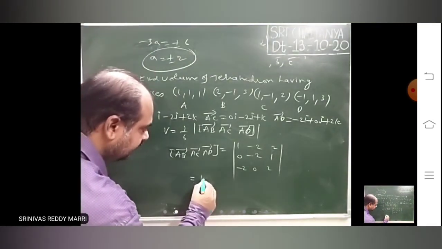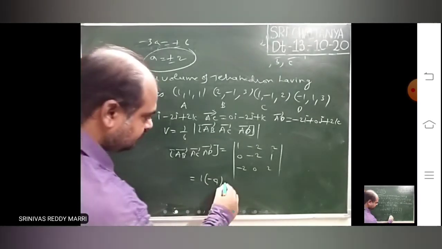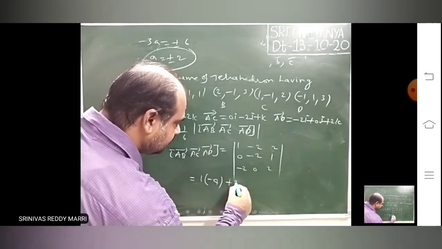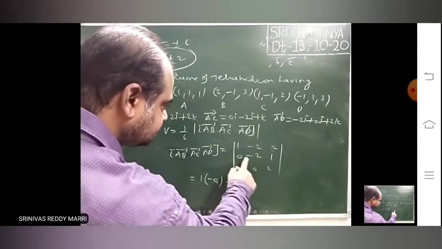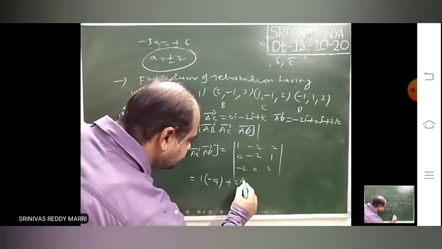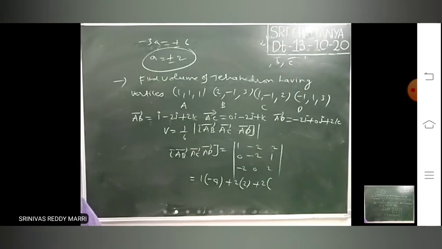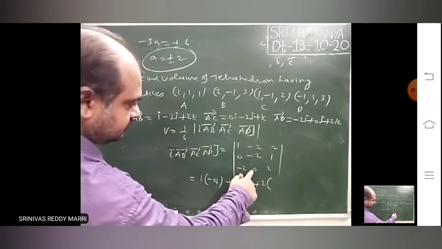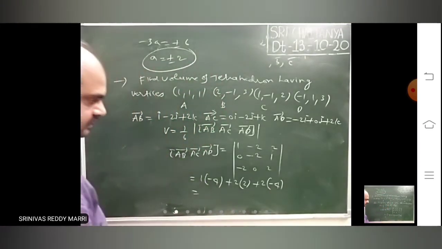If you calculate, 1 into minus 4 plus 2, plus 2 into 0 minus of minus 2, plus 2 into 0 minus 4.